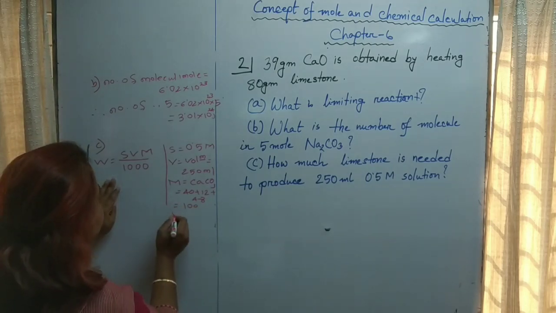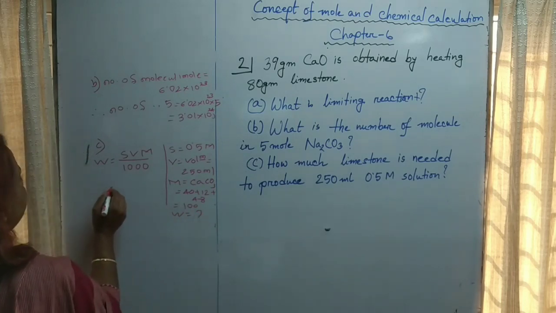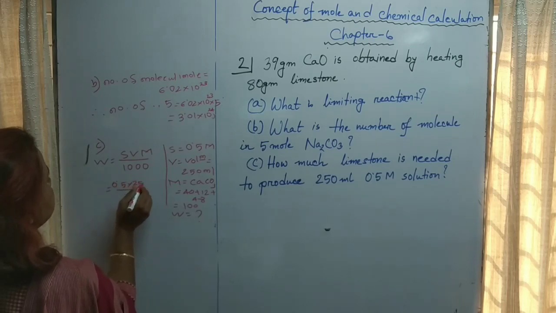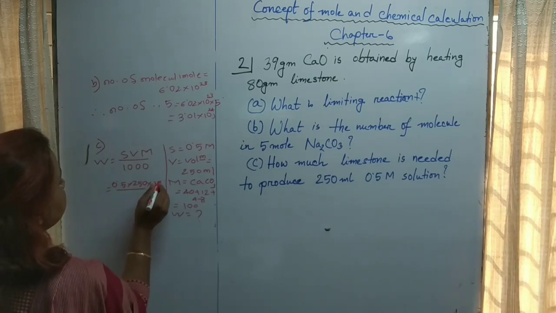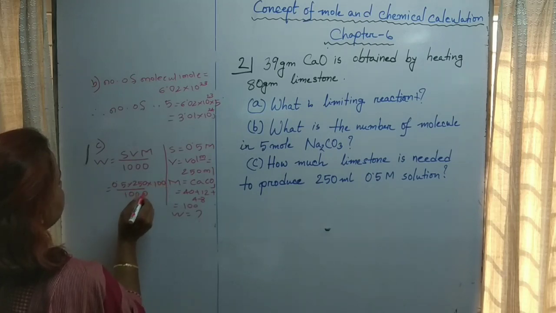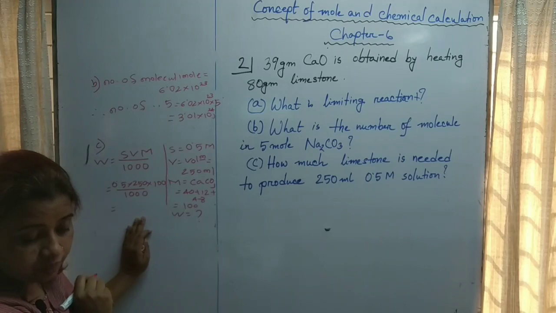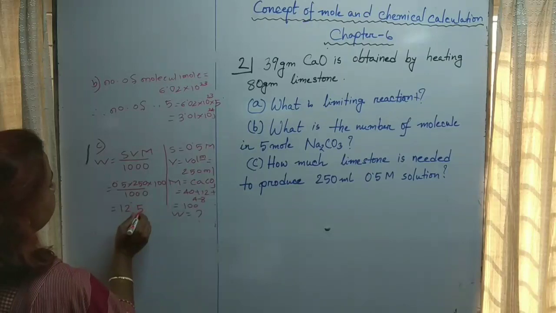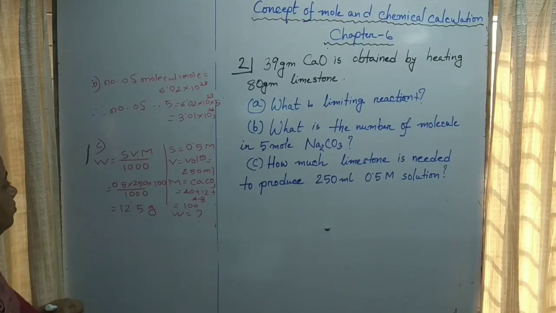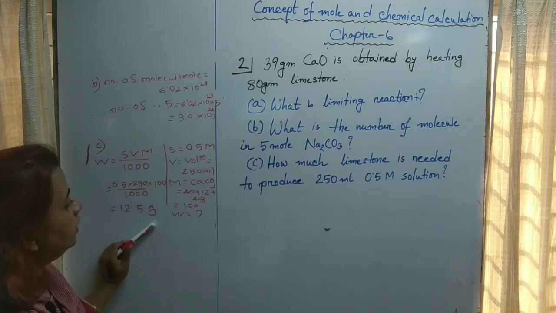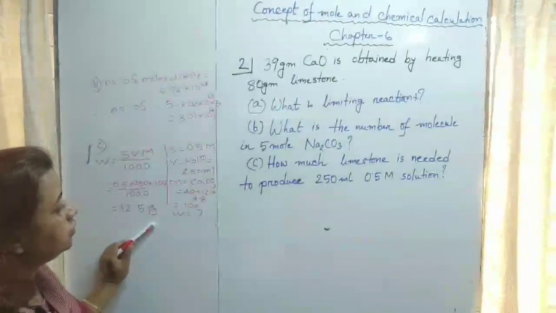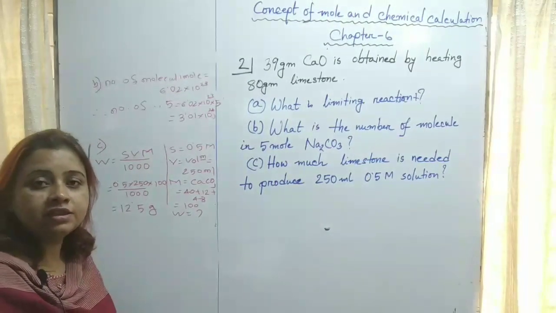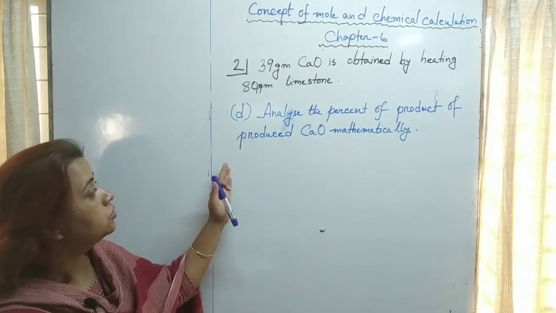Therefore, W is equal to 0.5 into 250 into 100 divided by 1000, which is equal to 12.5 gram. That means 12.5 gram limestone is needed to produce 250 ml 0.5 molar solution. Is it clear? Okay.